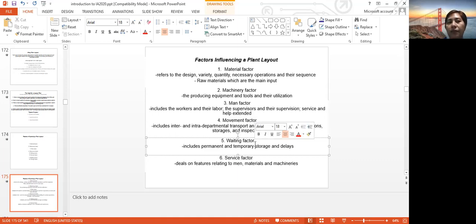What if there are some materials or machines that need to be stored or inspected before use? You cannot just put them right away in place, in the room where they should run. If it's not yet inspected, then you cannot put it in place. So you should have this waiting factor.